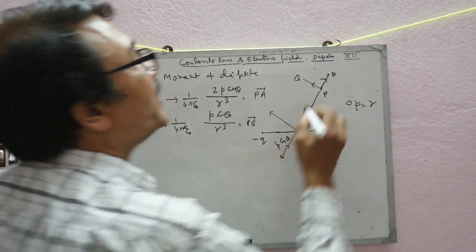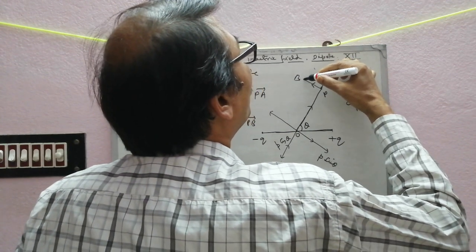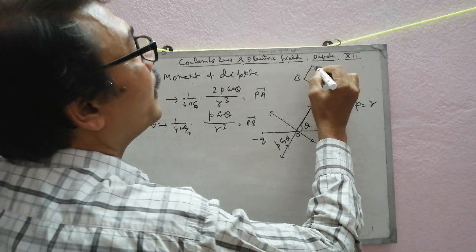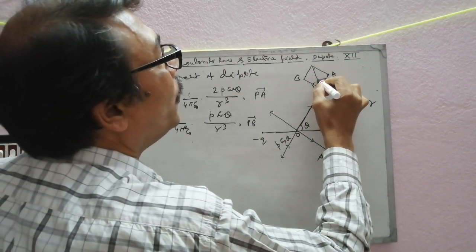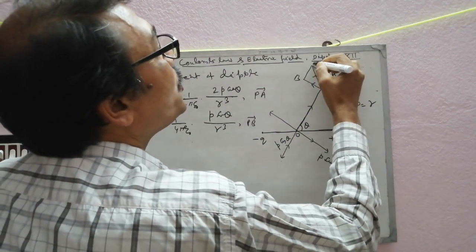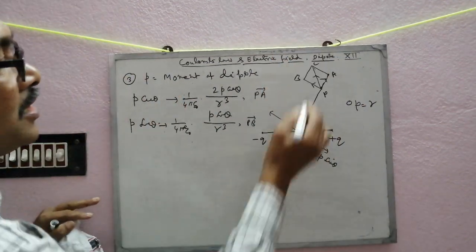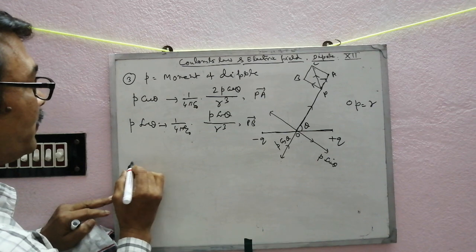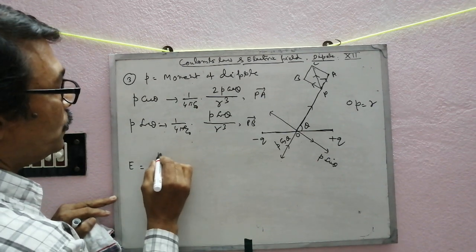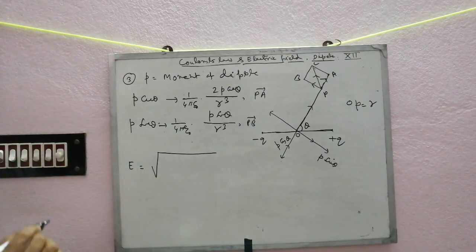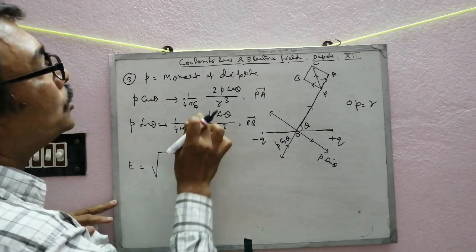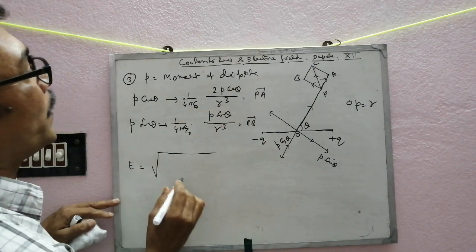So for the resultant field, we draw a parallelogram, by the parallelogram law. This is the resultant field, that is C. So towards PC, the resultant field E, according to the parallelogram law of vector addition, is the square root of this square plus this square.